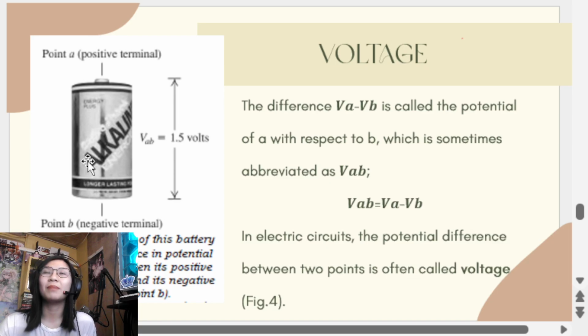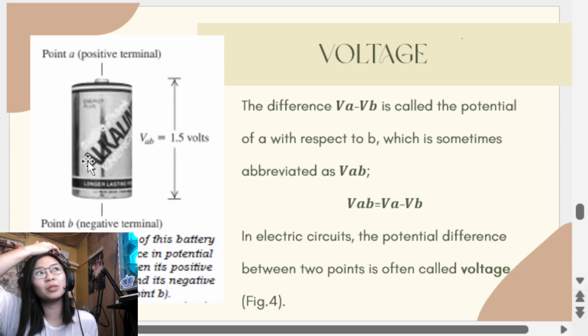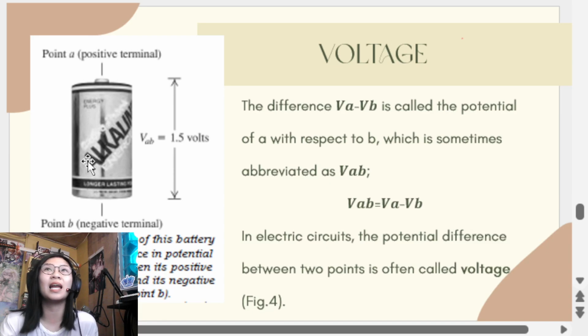Just like a battery, which we label as 1.5 volts or 3 volts, we can see on the battery the highest voltage or highest potential difference that they can achieve. That is the meaning of voltage.